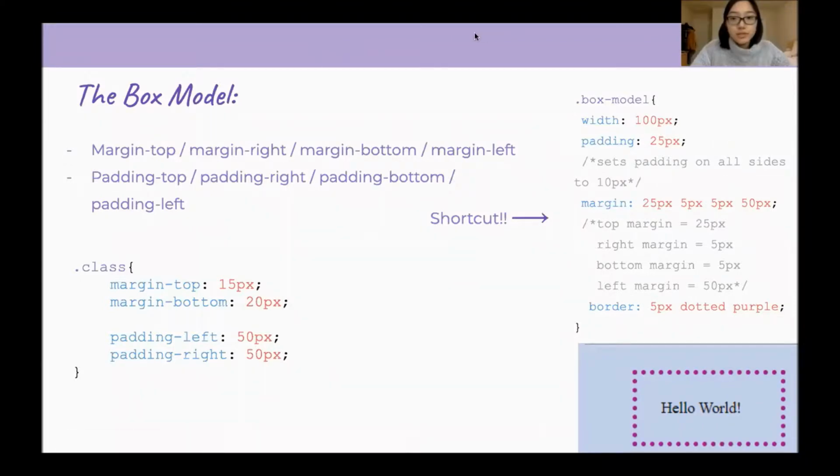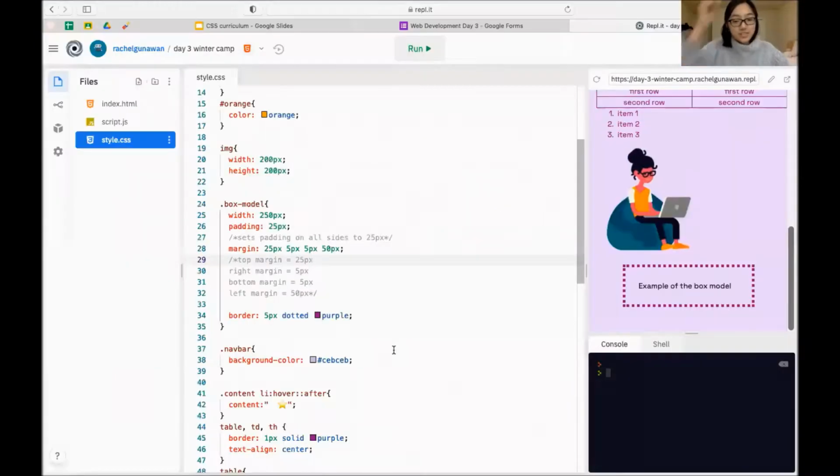There are different ways to, okay. So for margin, let me share the REPL. So for margin, as you can see, there's space here, there's space here, there's space here.